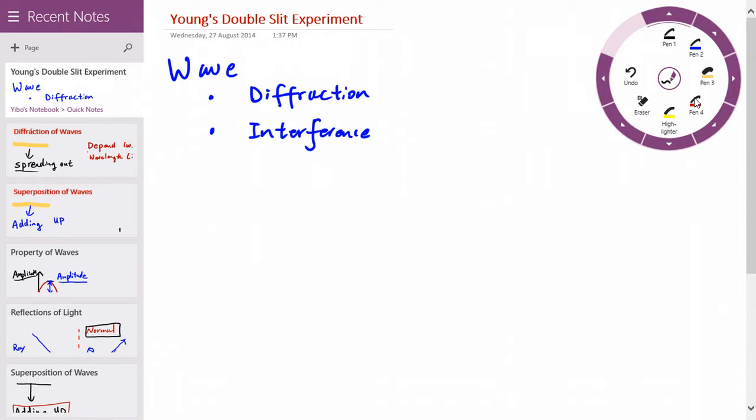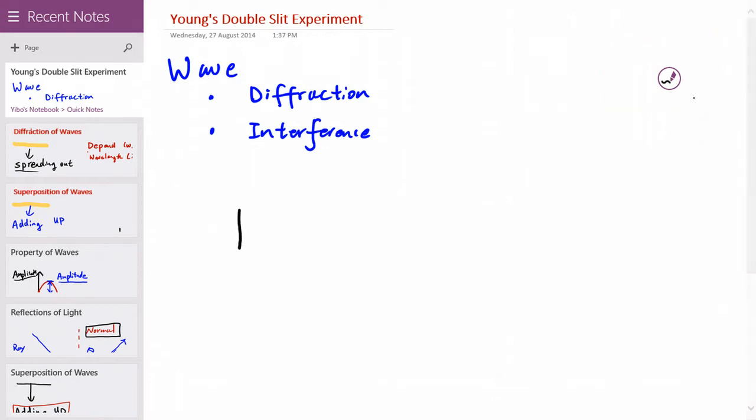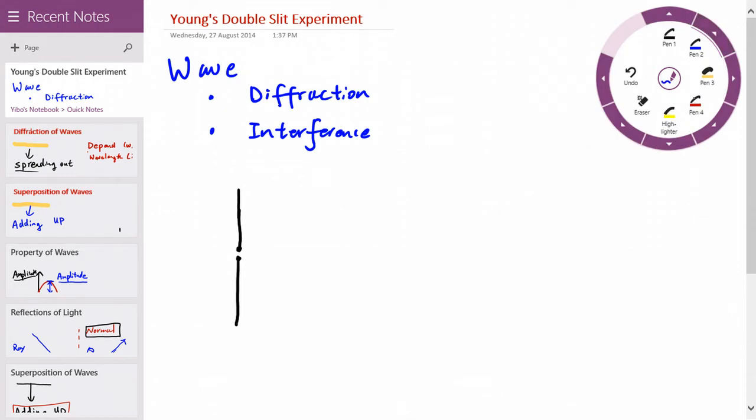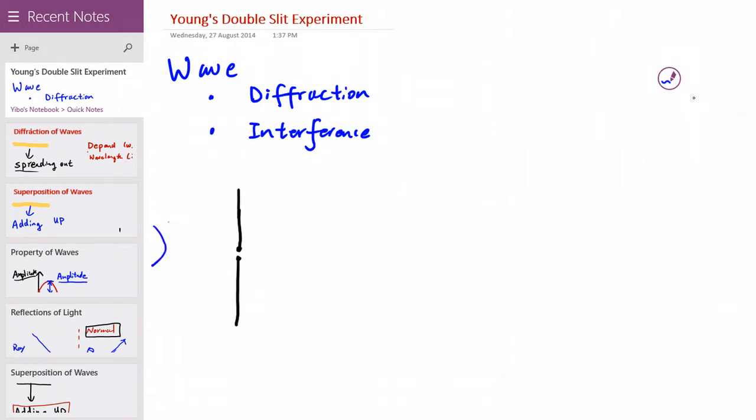Step one: he showed diffraction of waves. He has a wall and he put a slit in the middle, then he shines light at it. He shines high wavelengths of light.